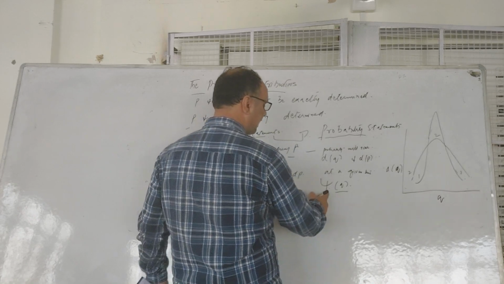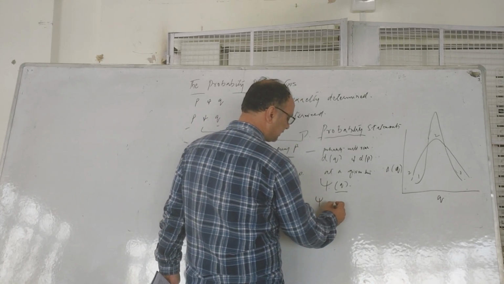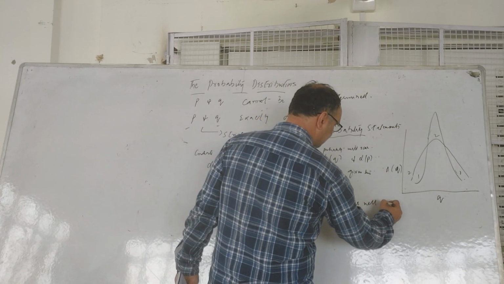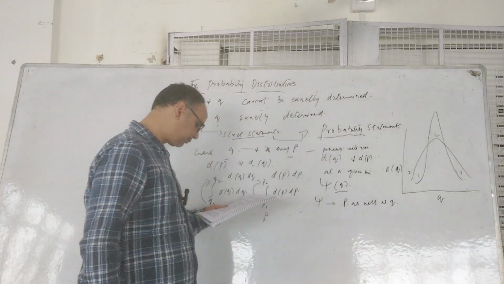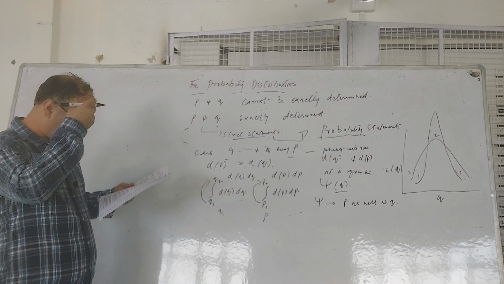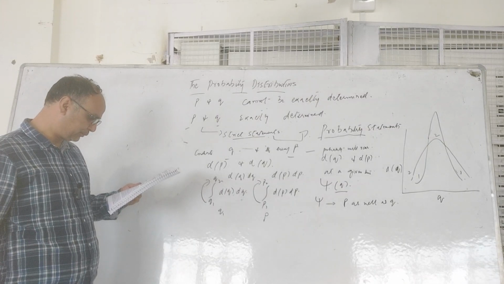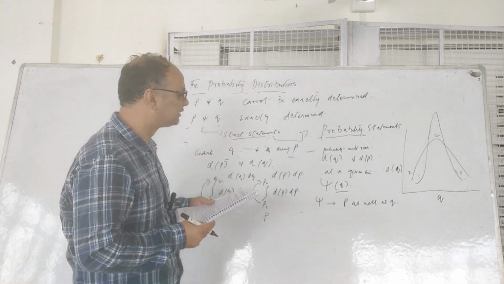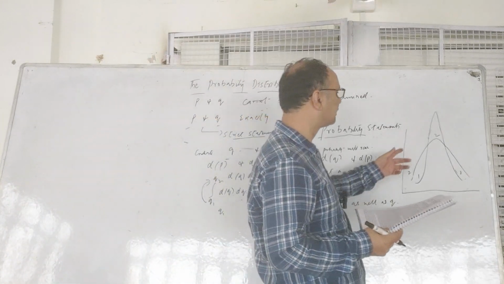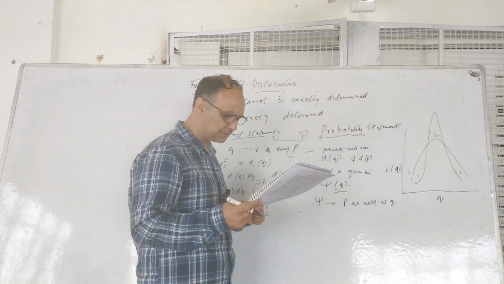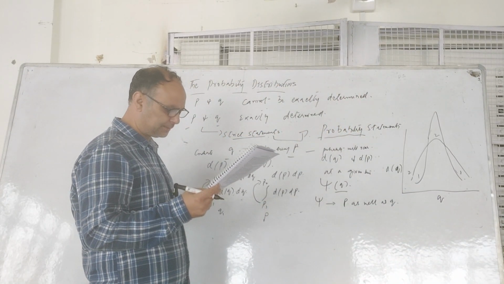So this psi has a certain connection with p as well as q. This psi is a conjugate function of p and q, or the shape of psi has some logical connection with how p and q evolve as conjugate variables.